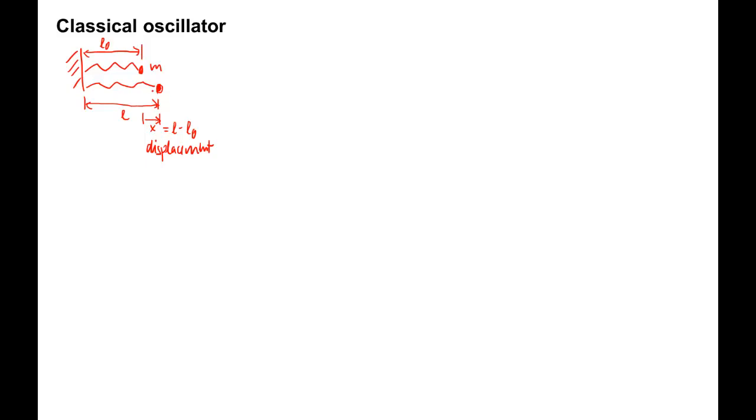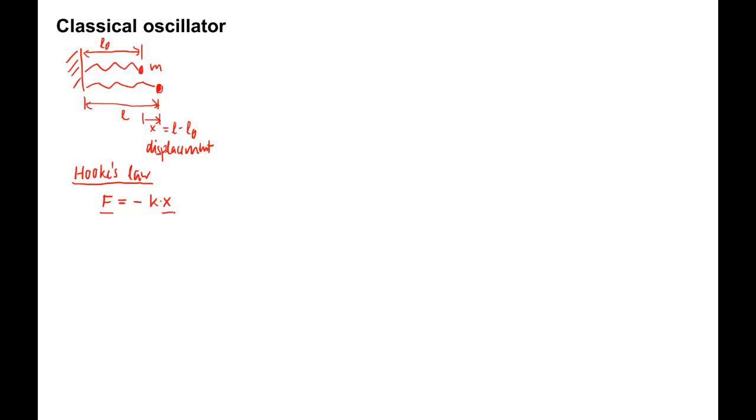The restoring force that drives the spring back to zero displacement is given by Hooke's law. F, the restoring force, equals negative k times x. The force F is proportional to the displacement x.